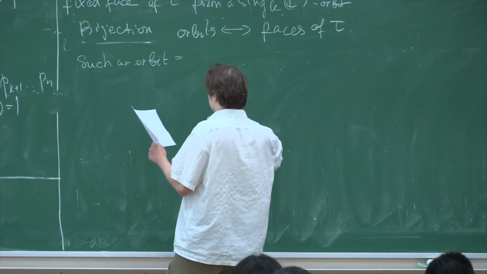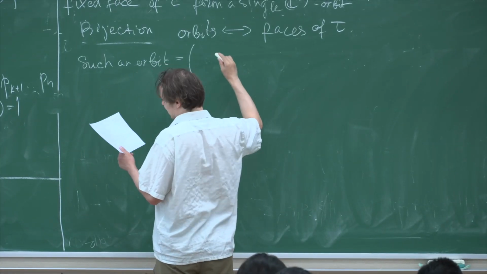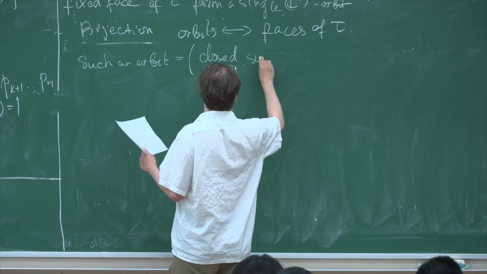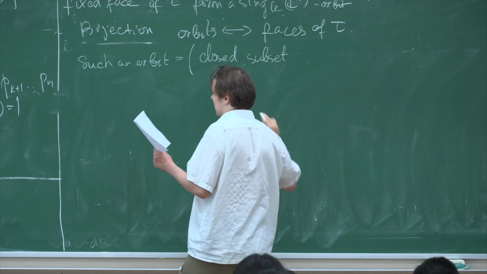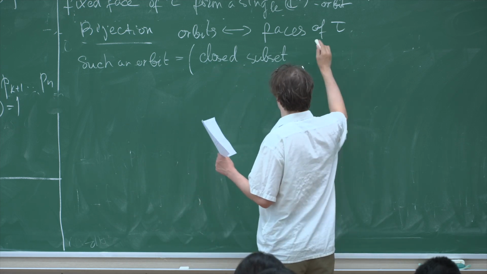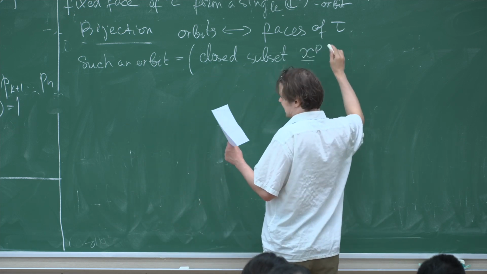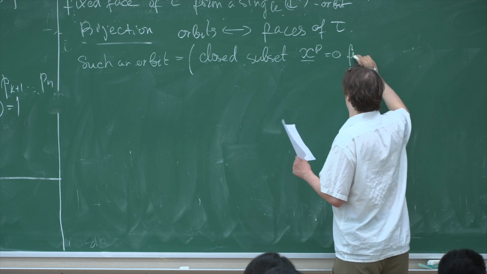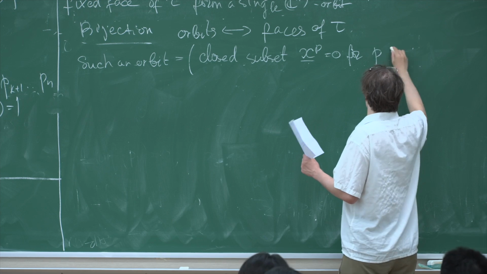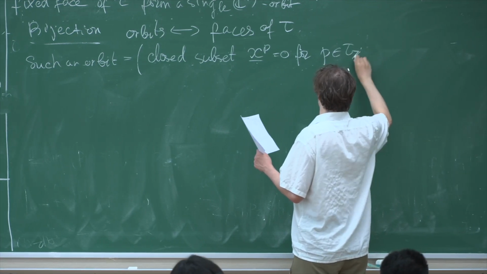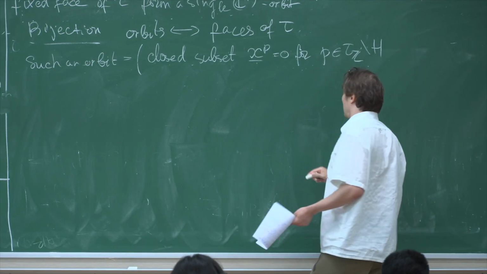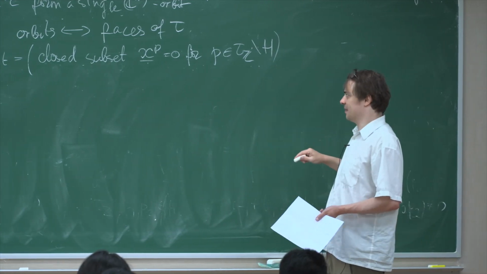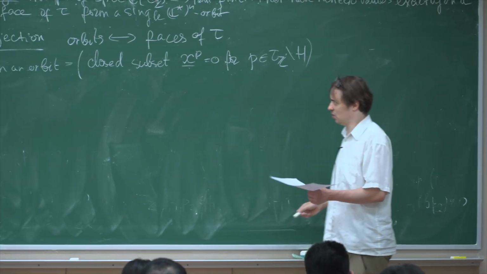You say that this is the intersection of the closed subset defined by the equations x_p equals 0 for p from tau ∩ Z without H. Outside our phase, we have 0 values for the multiplicative function, meaning these functions are all zeros.